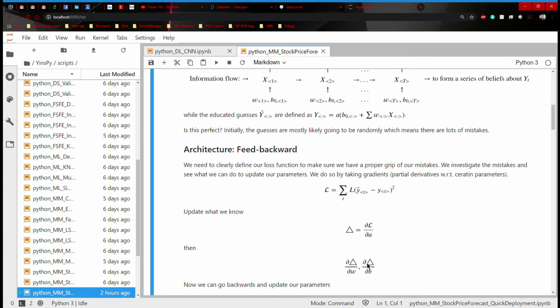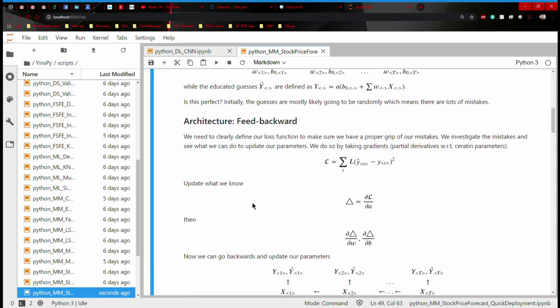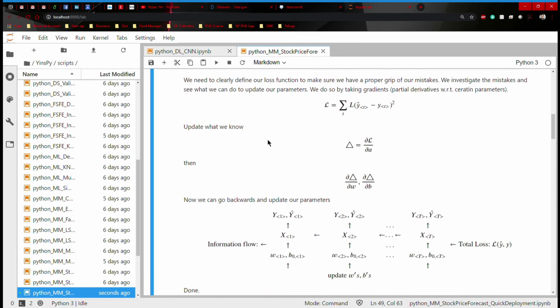And we do the same procedure. We take partial derivative of calligraphic L with respect to A first. We give that a name, let's say triangle. And then we take gradients of this triangle with respect to each of our parameters, weights W and bias term B. So now we can update our belief from right to left, and hence this is a backward propagation procedure.